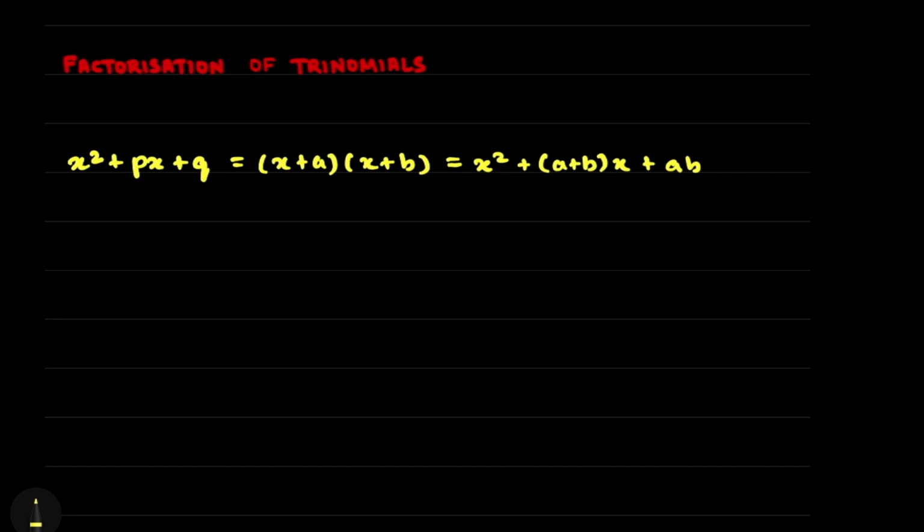So in such a scenario, we need to have a, b such that a plus b should be equal to p, and a into b would be equal to q. So this is the rule of thumb that we are going to follow while factorizing any trinomial. So I'll use these and let's get started.